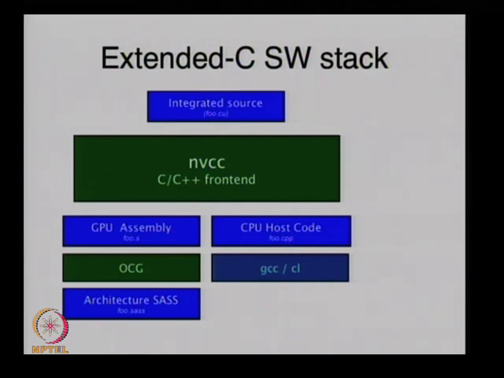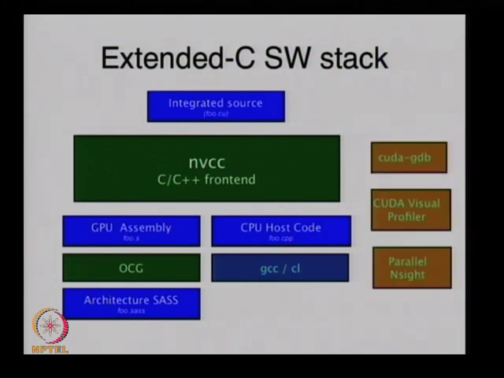Okay, so now you've got two pieces of code. How do they interact? I'll show you shortly, but there is also support for some debugging. CUDA-GDB exists; it's an extension to GDB.